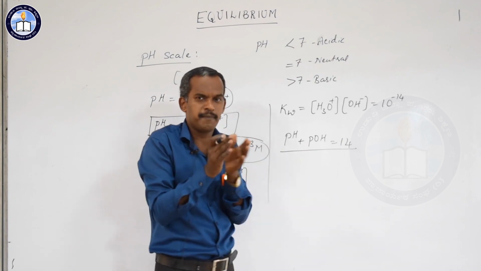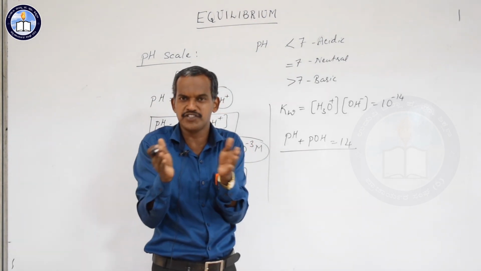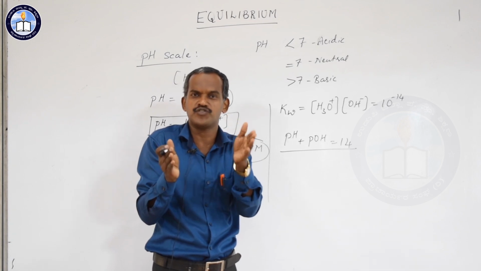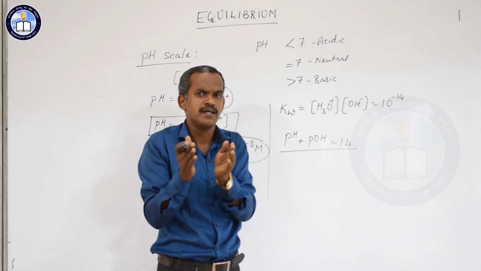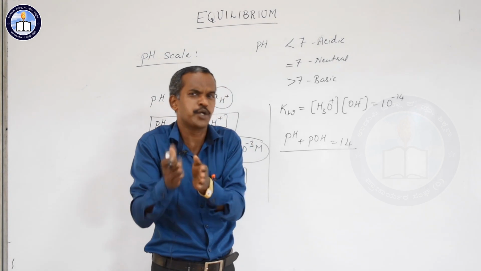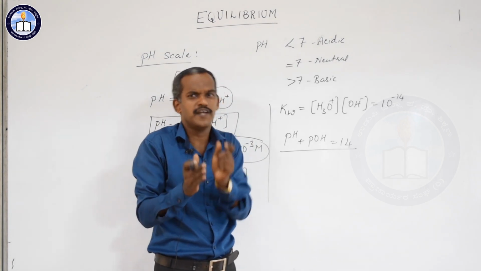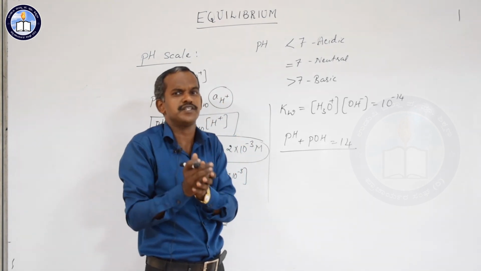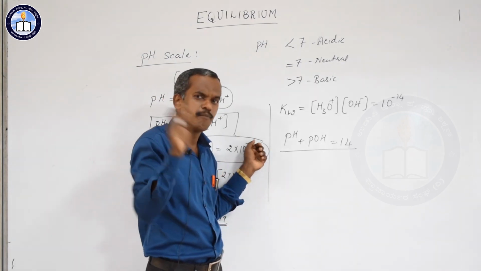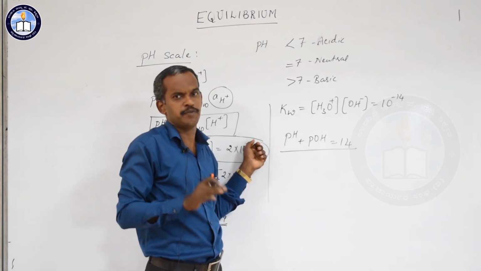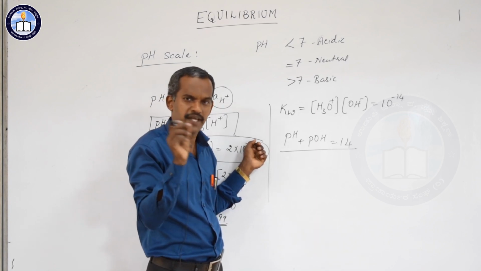Okay, pH papers will have different colors where you can identify the pH range from 0 to 14. But still, it is not giving you an accurate value. There may be a small difference of 0.5 in the pH, okay, and more accurate values of pH can be determined using pH meters.